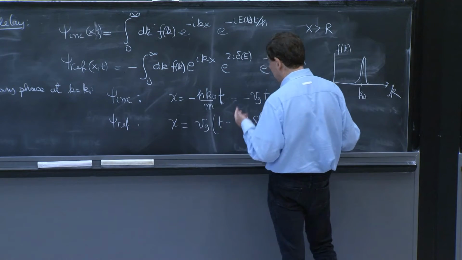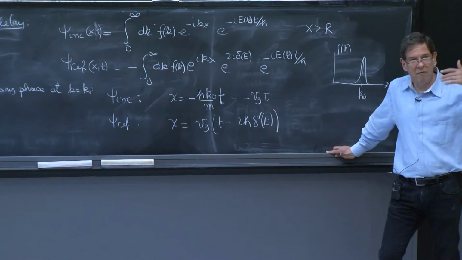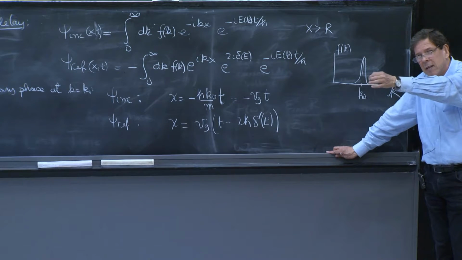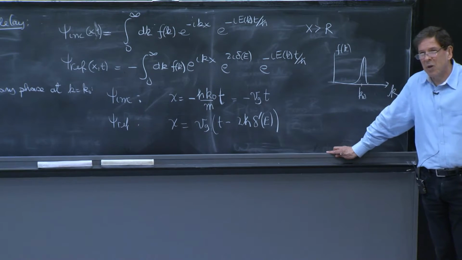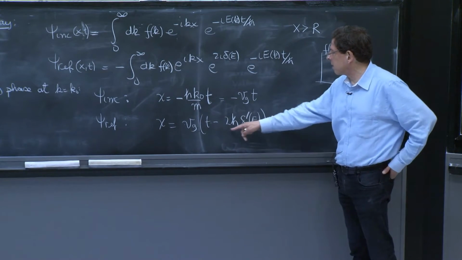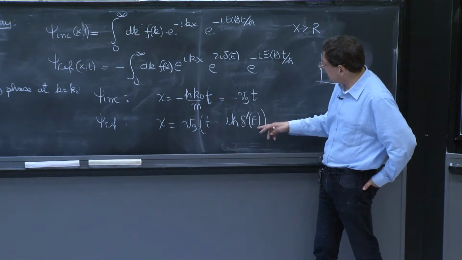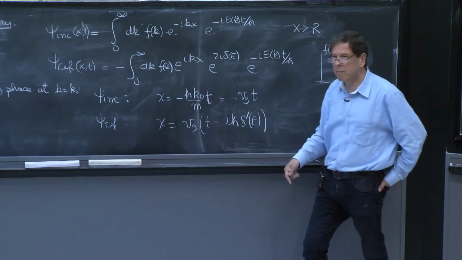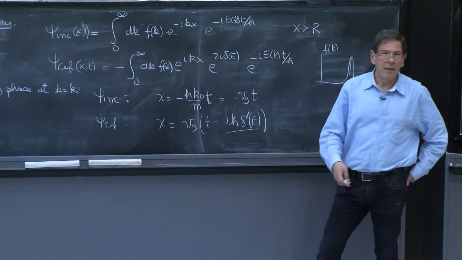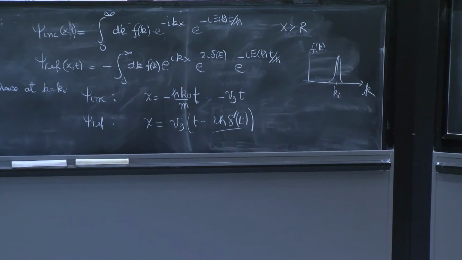T must now be positive, but in fact, if you would have just x equal v group t, this would correspond to a particle that seems to start at the origin at time equals 0 and goes out. But there is an extra term subtracted. So only for t greater than this number, the particle begins to appear. So this is a delay, t minus some t naught. The packet gets delayed by this potential.